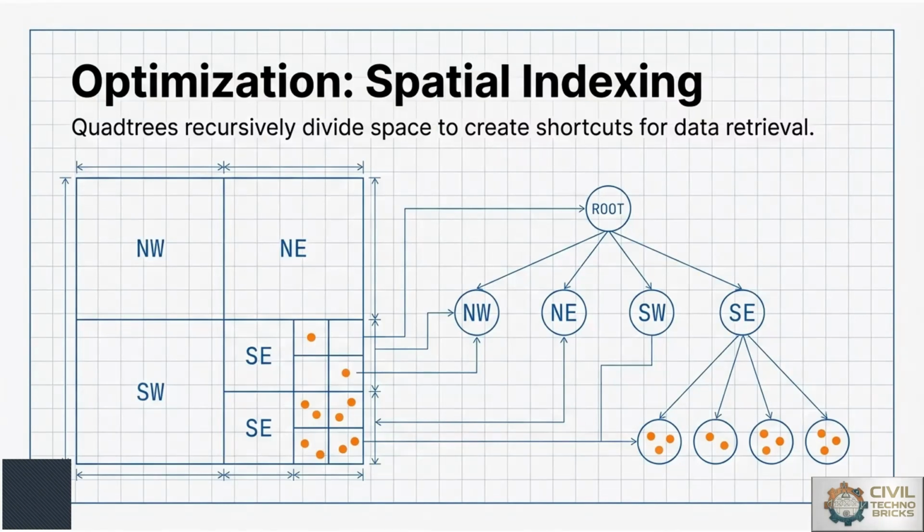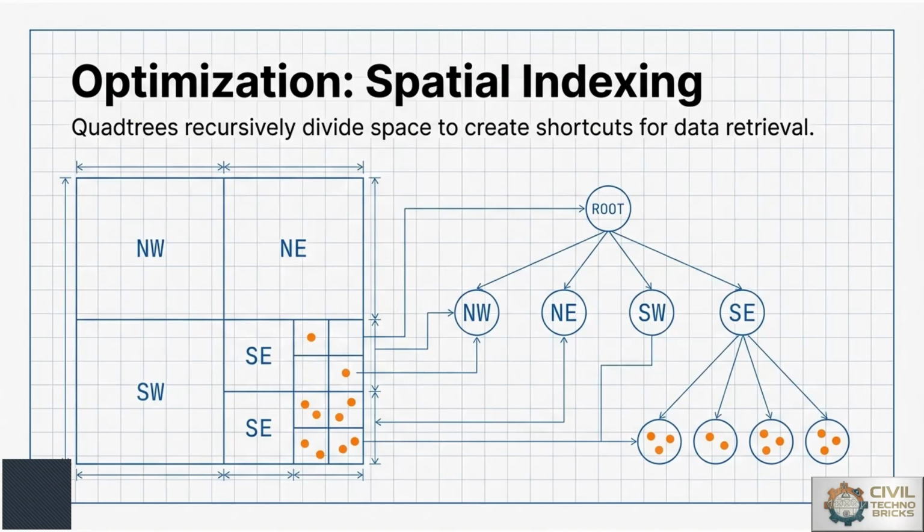Now we are studying the optimization of data by spatial indexing. Spatial indexing is the most important point where we have to check the actual ground control points or positions with respect to the directions.